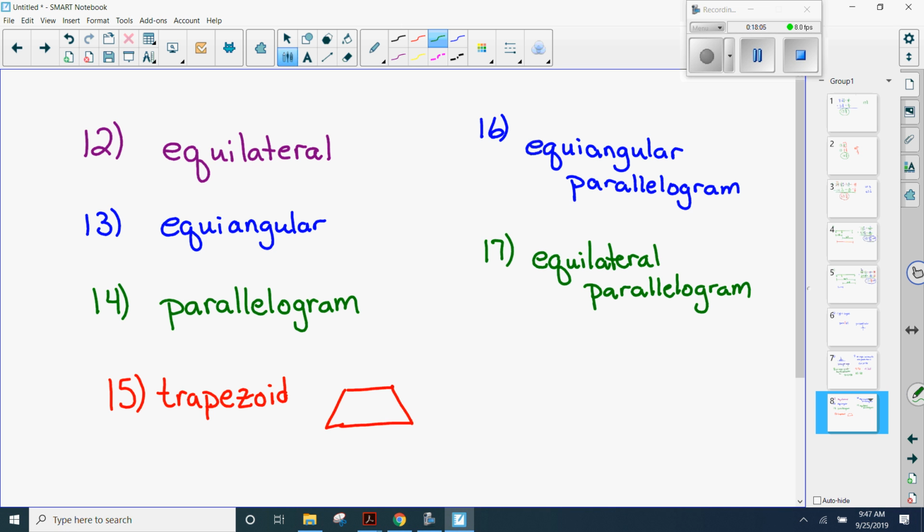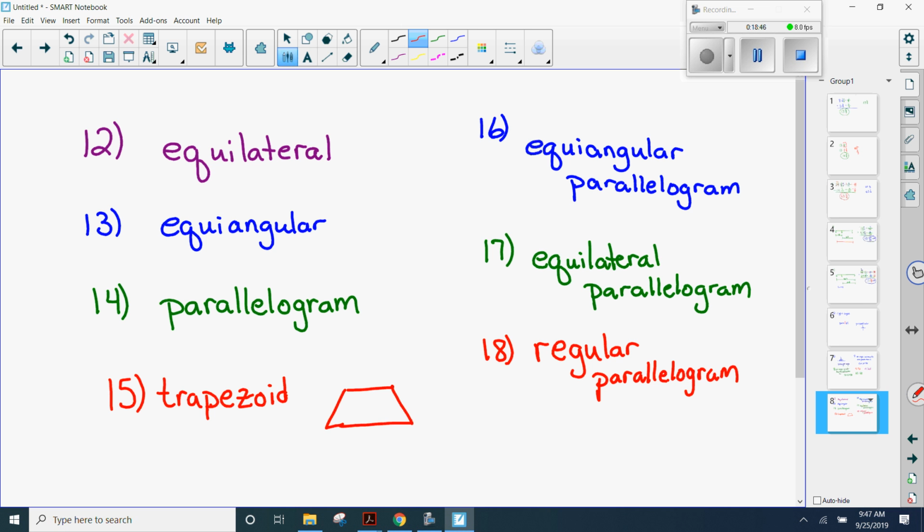18 says, what is a square? 4 equal sides, which means it is equilateral. What else? Equiangular. And if it's both equilateral and equiangular, what do we call it? A shorter word, so I don't have to write out both those long words. We have regular. So we can write one short word that means both of those, which is regular parallelogram or quadrilateral.